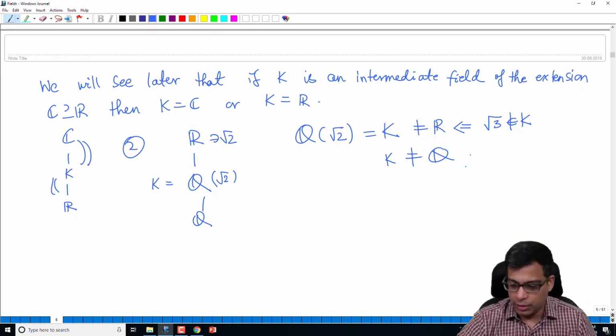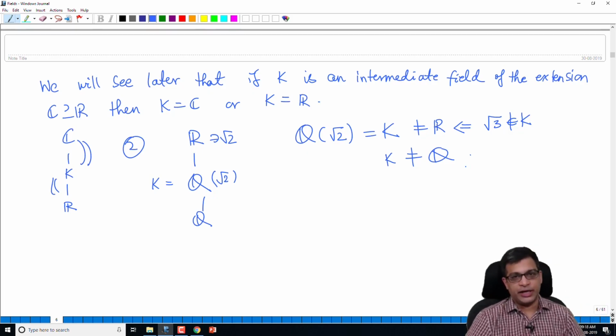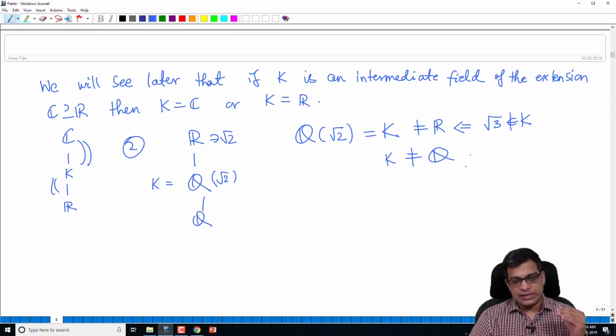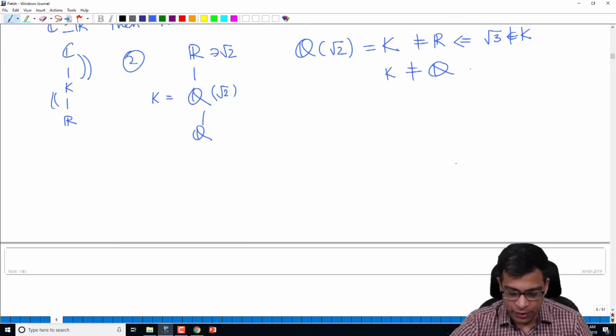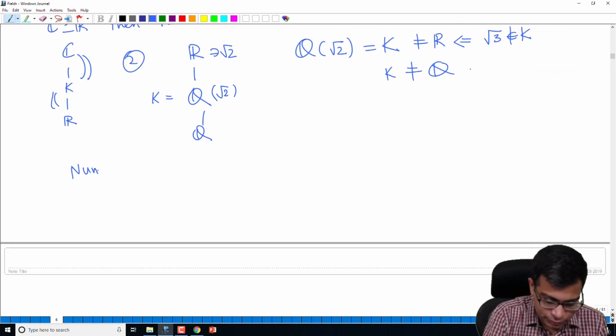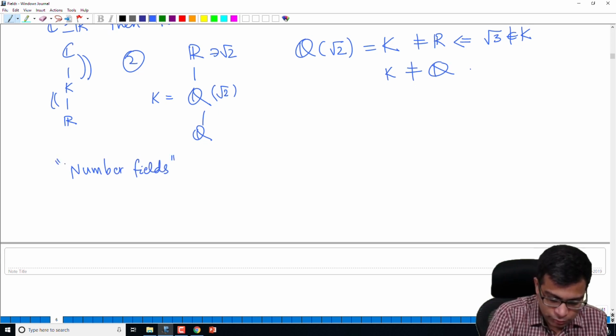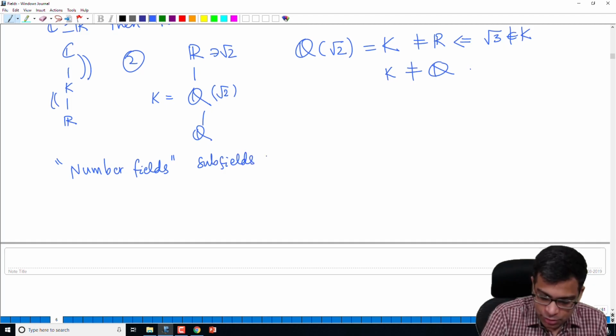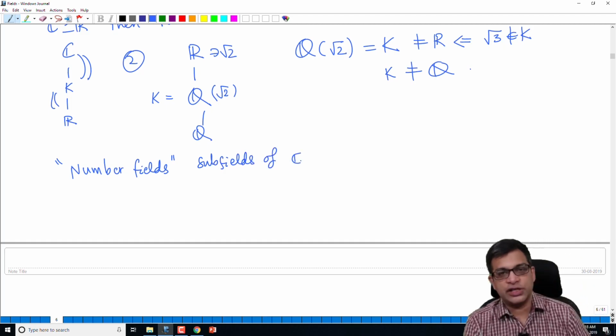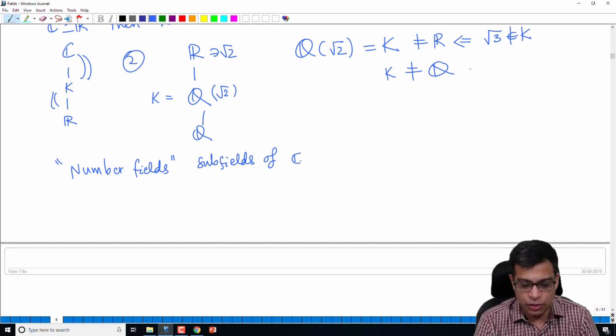So the two classes of fields that we are going to study in detail in this field theory course are number fields and finite fields. Subfields of C are called number fields, because number refers to complex numbers.